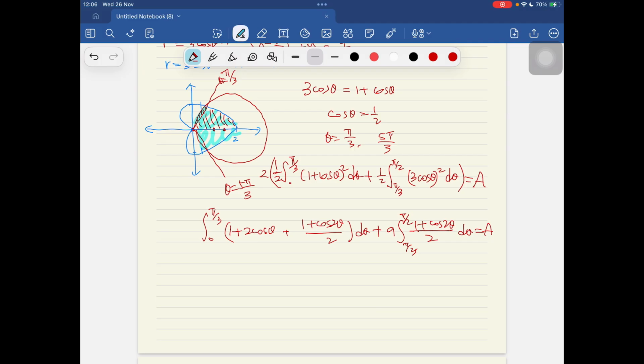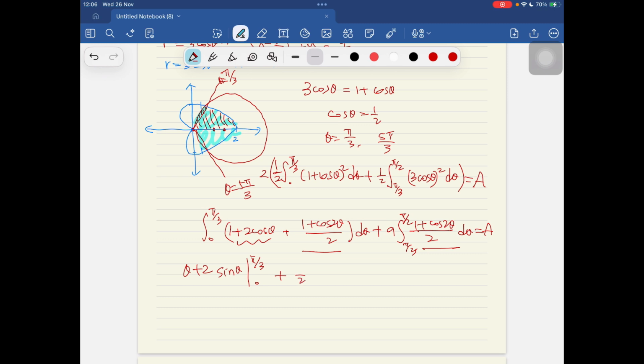So actually, this and this are the same. So we can say theta plus 2 sine theta. This is just simple. And 0 to pi over 3 plus, no, it's different. Because this has 9, so anyway, we need to make it again.